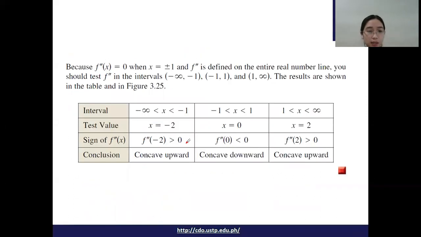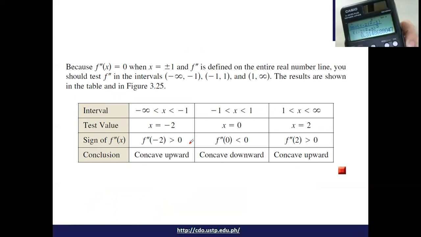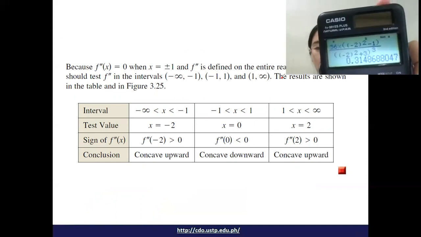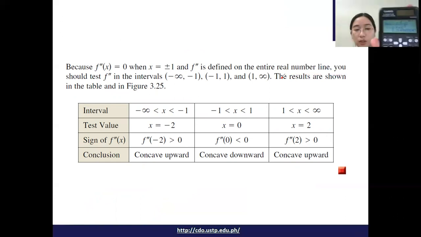Okay, so the answer is 0.31486. So therefore, it is greater than 0.